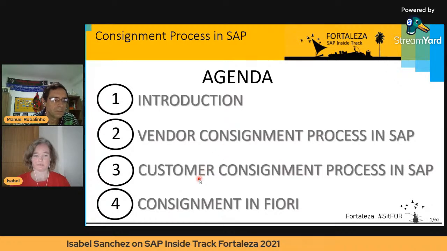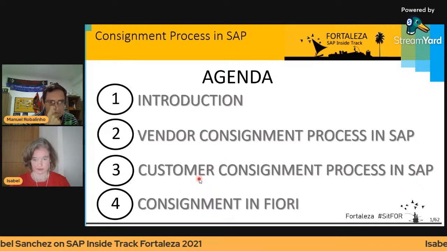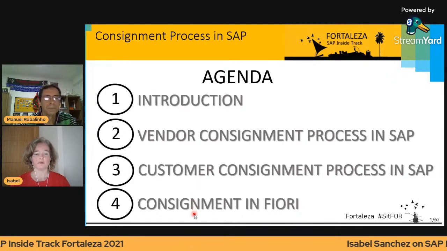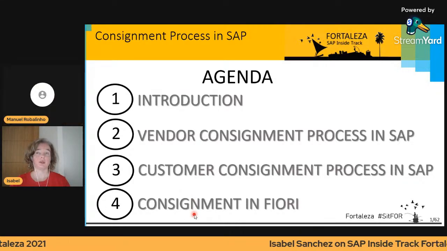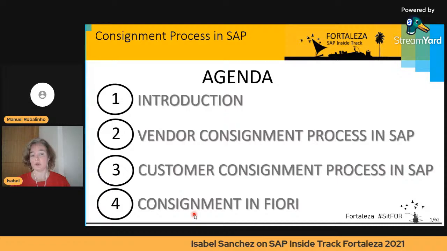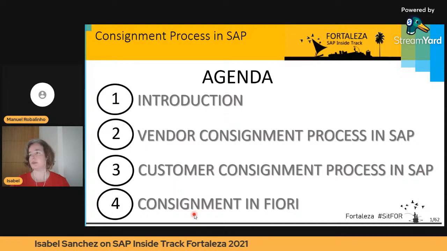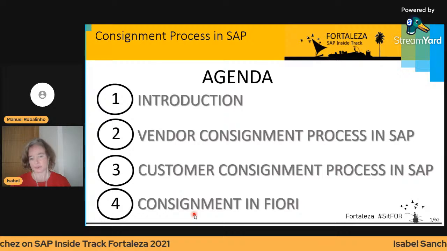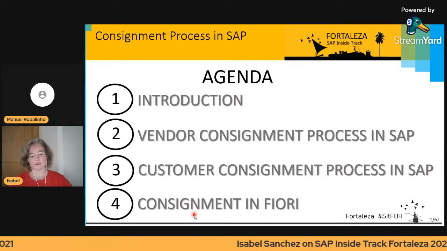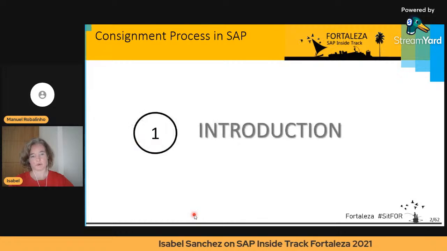The third part is the customer consignment process in SAP. And the fourth part is a summary of consignment in theory, and the relevant apps that you can find in it. So, starting with the first part, introduction.